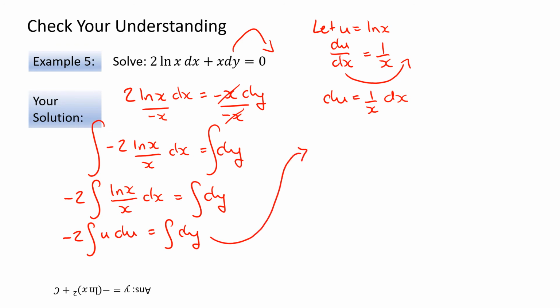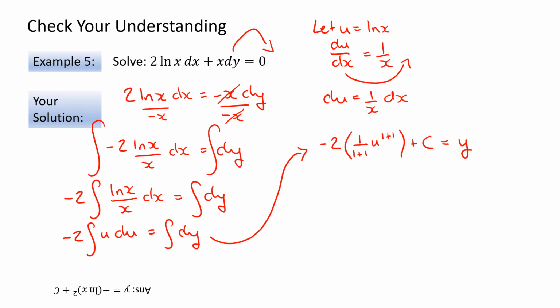So just for some space, taking the integral of these, on the left-hand side we have negative 2, because that's outside of the integral, times 1 divided by 1 plus 1, u to the 1 plus 1, plus a constant in this case. You can put it on either side, like I said, it doesn't matter. And that's equal to the integral of dy, which is simply y. Okay?